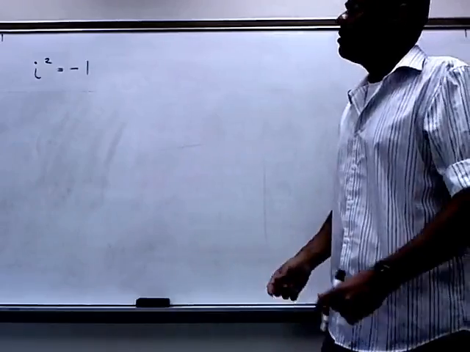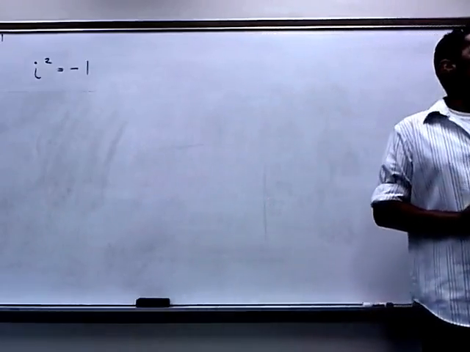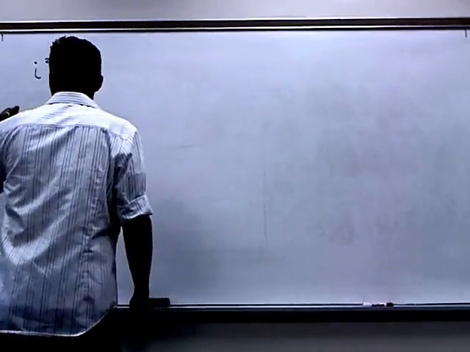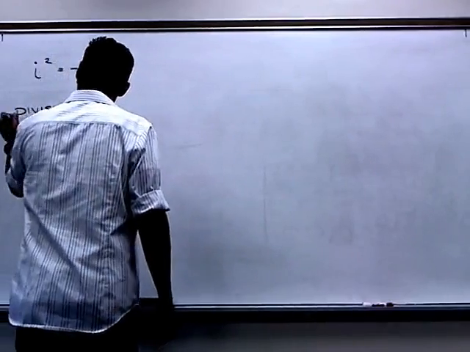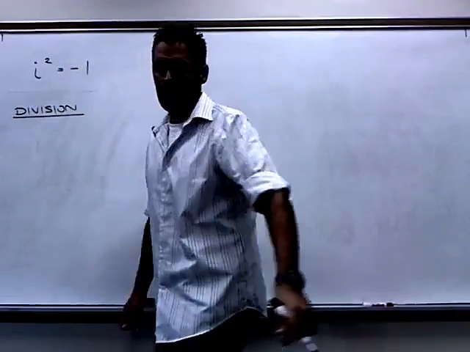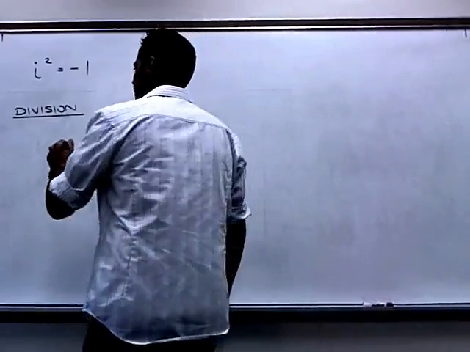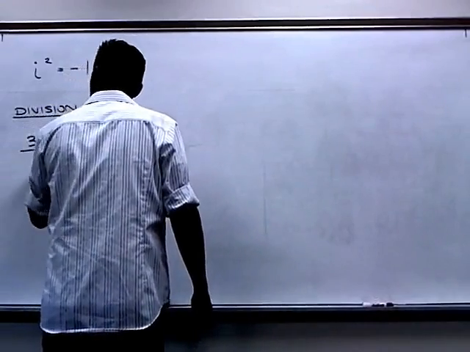And we learned how to add and multiply these. The one thing we didn't do is divide. So I'd like to show you how to divide complex imaginary numbers. Division. All right, let's start off with something like 3 plus i divided by 2i.